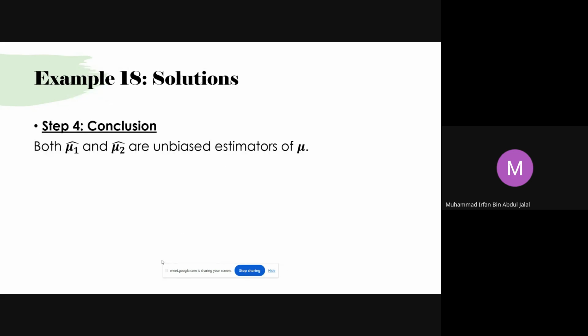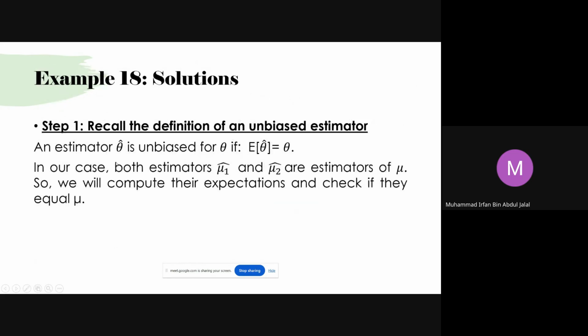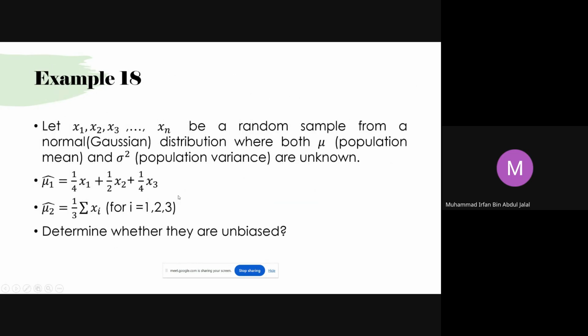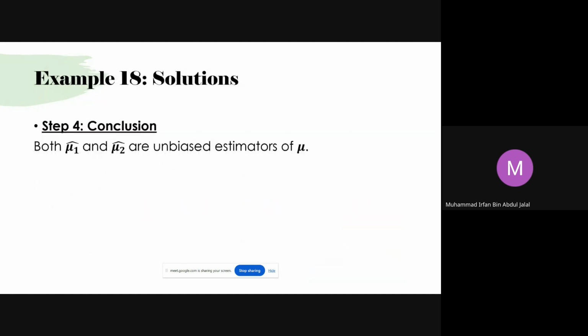So as a conclusion, kita boleh cakap both estimators, this form and this form, are unbiased estimators untuk our parameter of interest. Okay. Boleh faham? Faham? Okay. So that's the conclusion.